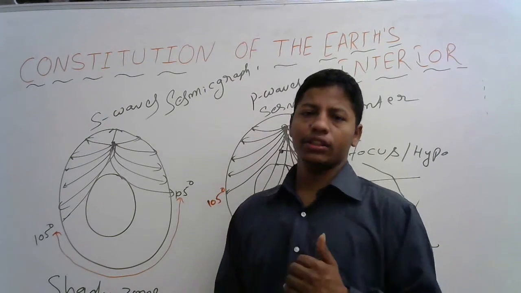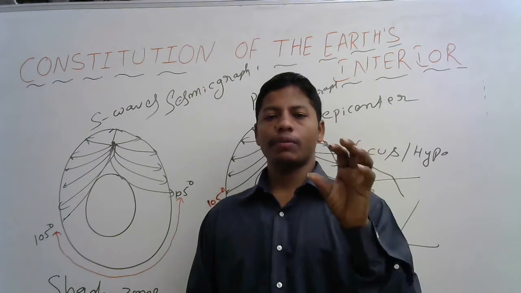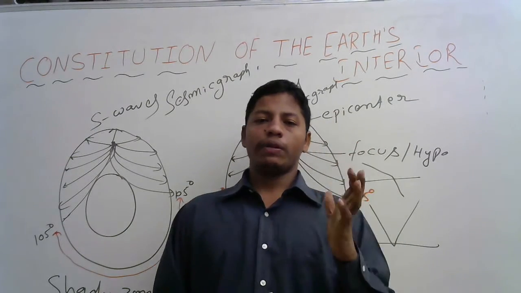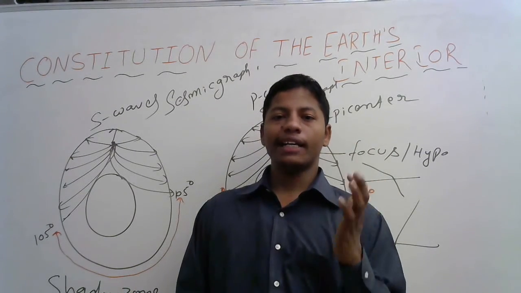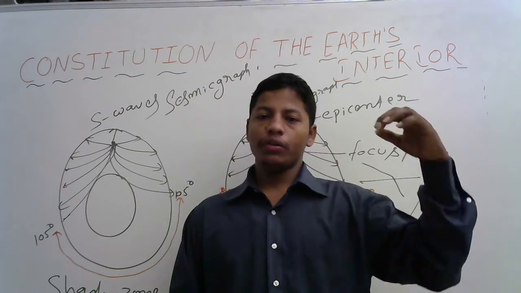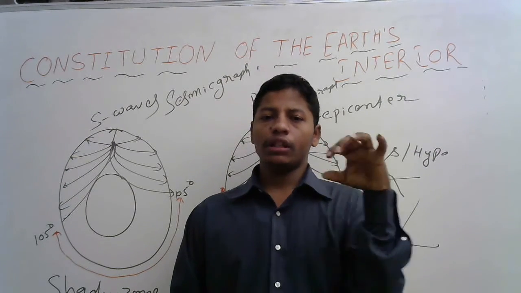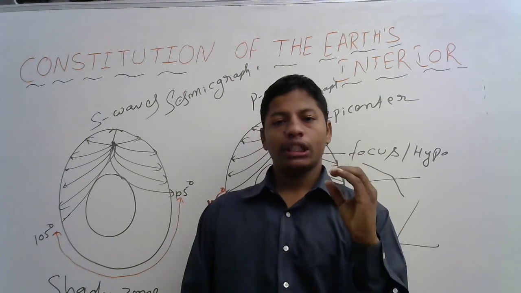We already discussed that the earth core has a density of 11 grams per centimeter cube, which is high density. So the velocity also rises when entering the core. If you touch the liquid part, the velocity of the P waves decreases.